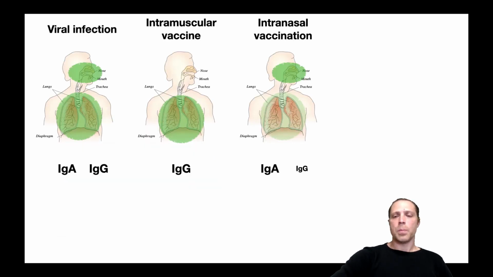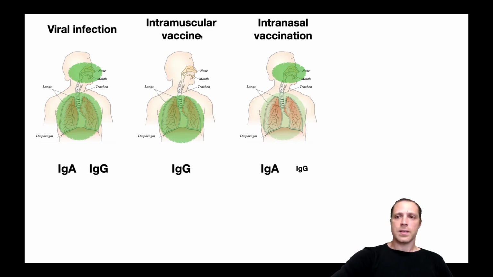If we now compare these three exposure routes of the immune system, we will see that a viral infection results in production of IgA in the upper respiratory system, which is present in the mucus layer, as well as IgG in the circulation in the blood.